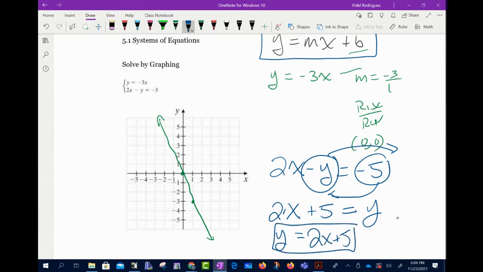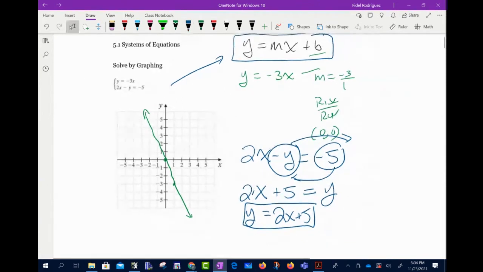When I look at this and think of my y equals mx plus b, I can say my m is 2 over 1, and my y-intercept is at 0, 5. So the first thing I'm going to do is go up to the point 0, 5, which is right here.